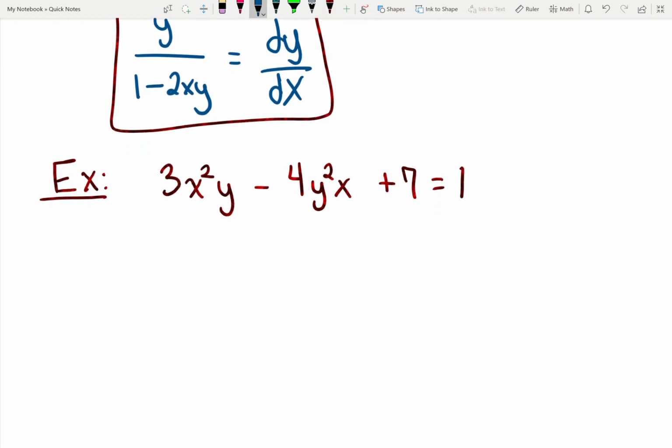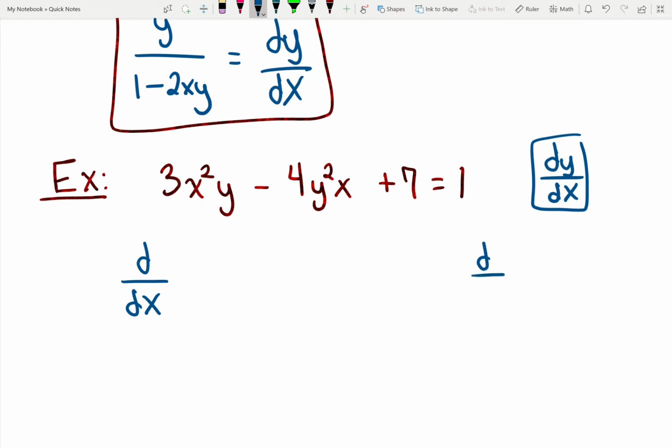And what we're going to do is we're trying to find dy/dx. So we'll take d/dx of both sides. So d/dx of 1 and d/dx of 3x squared y minus 4y squared x plus 7.